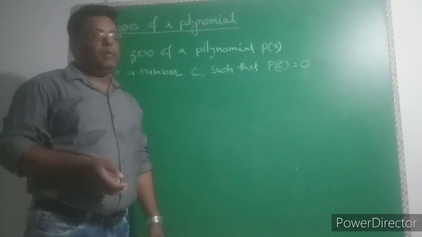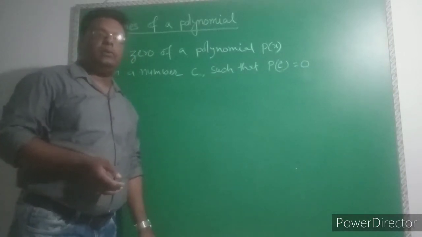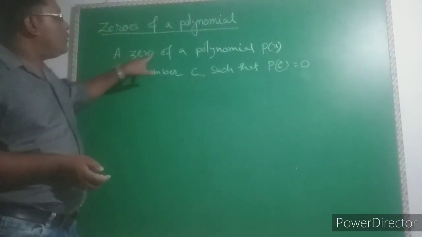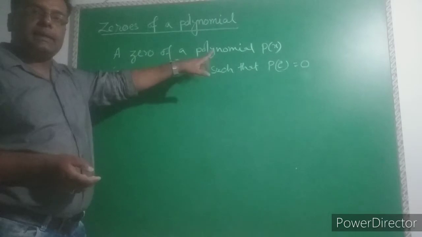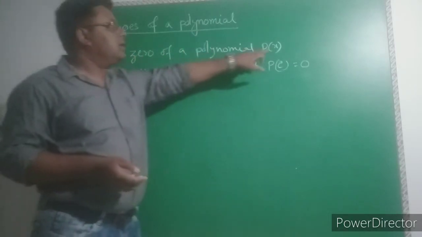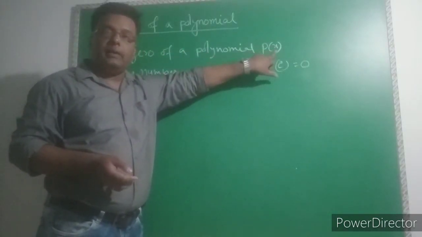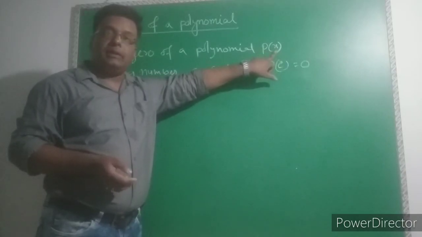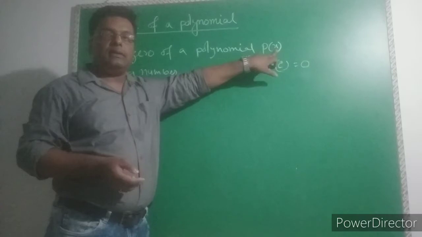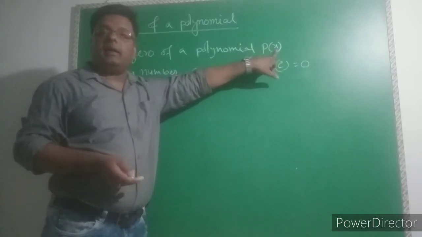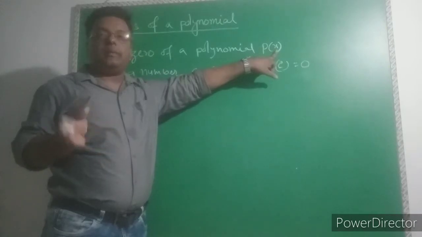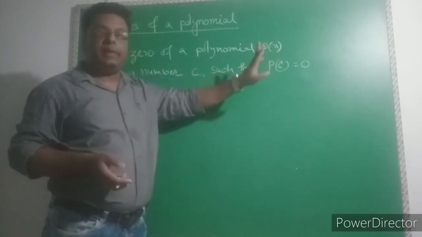Now, from the above discussion, we can conclude the definition of a zero of a polynomial p(x). If the polynomial is in terms of y, you can write p(y) also. If it is in terms of t, then you can write p(t). But generally, polynomials are written in x to the power something, so we write p(x) here.